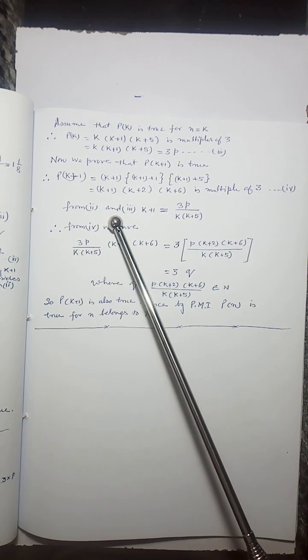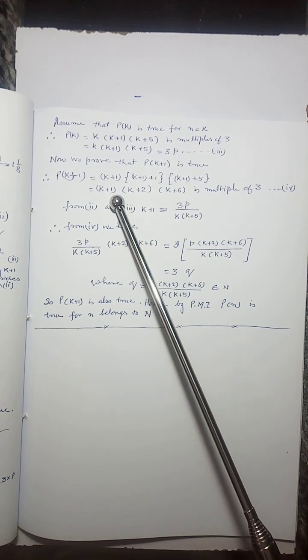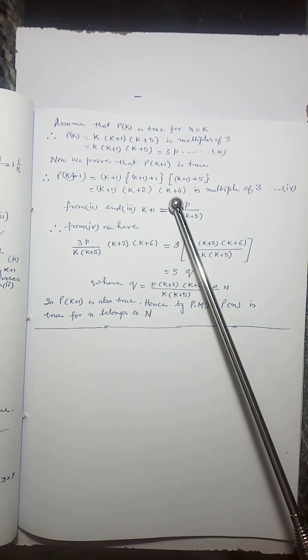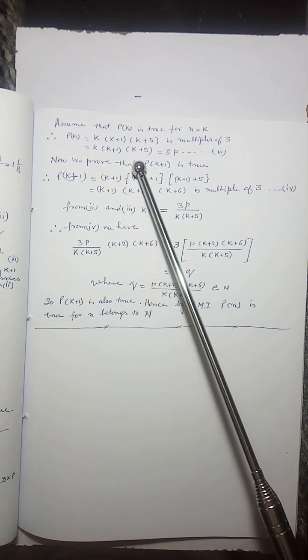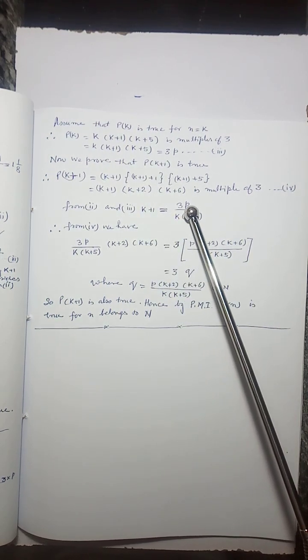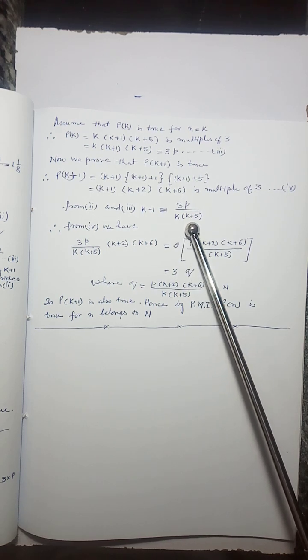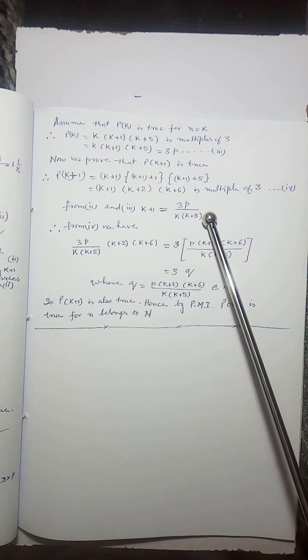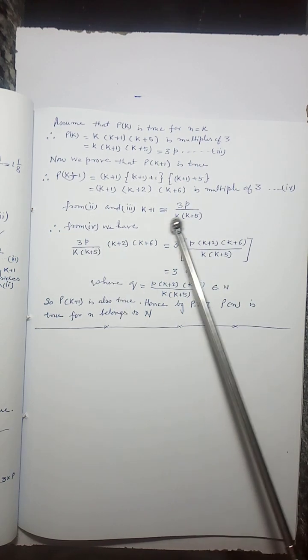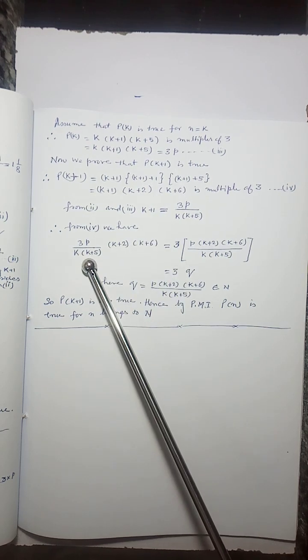So from the second and third, k+1 we can find out. You see k+1 is here again and k+1 here again. So k+1 will be equal to 3p upon k into (k+5). We have 3p in place of k+1.